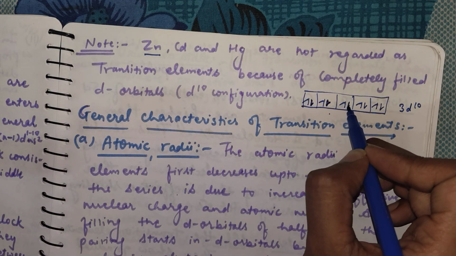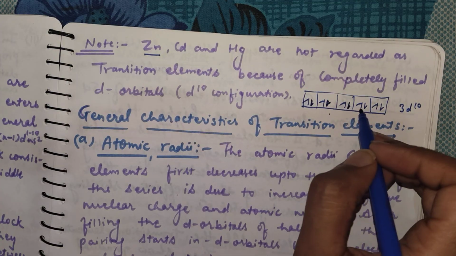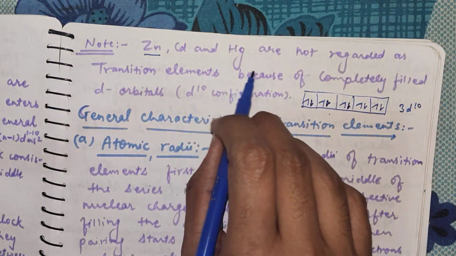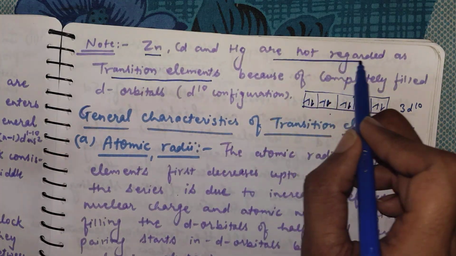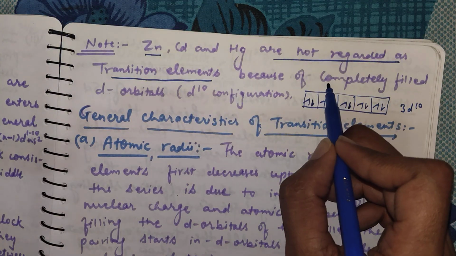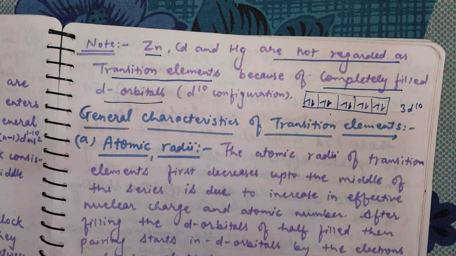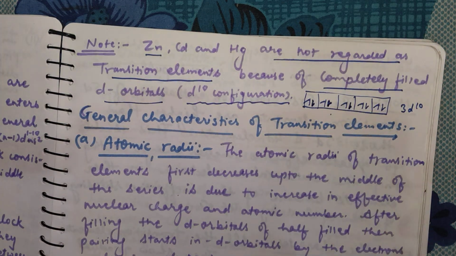So 3d10 is a completely filled configuration, that's why these are not regarded as transition elements because of the completely filled d orbital.